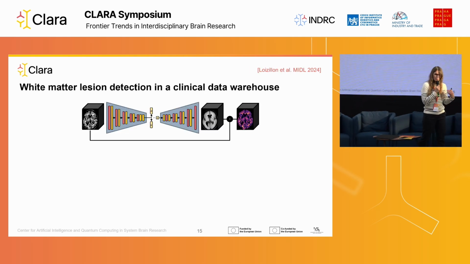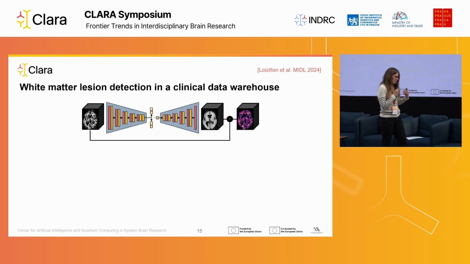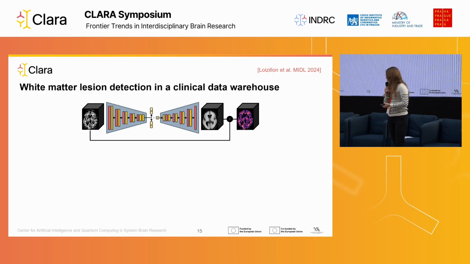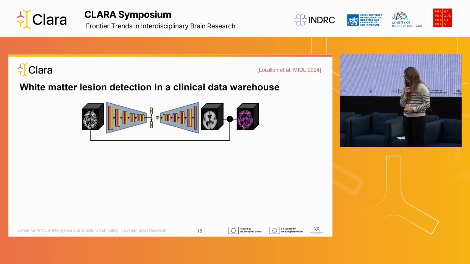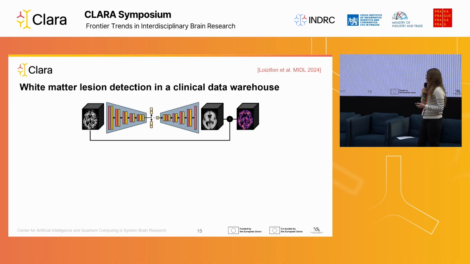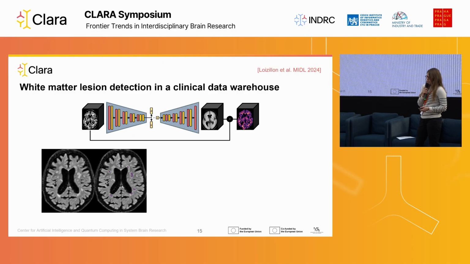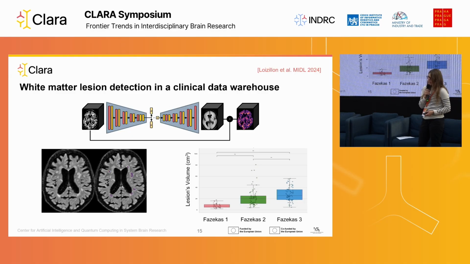So instead, we moved to an approach that doesn't require these diagnostic codes as labels, and we go back to anomaly detection. Here we wanted to detect white matter lesions from FLAIR images. Here is an example of results. The lesions are in purple, and we had no way to have a pixel-level annotation.